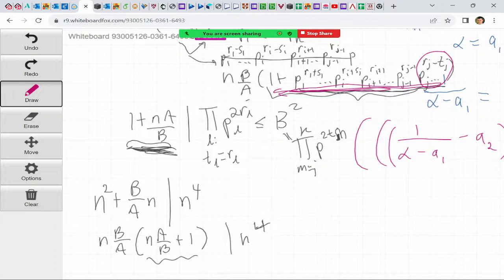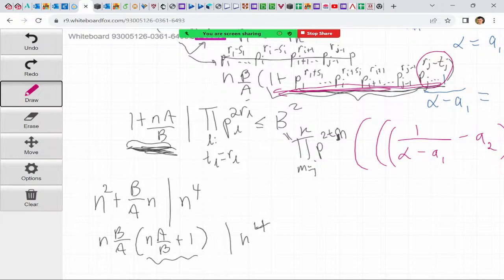I need to get the logic. Oh, yeah, okay. Because everything you get co-prime with, you just get rid of it. You just got rid of the co-prime stuff from the n to the 4 to the n squared.